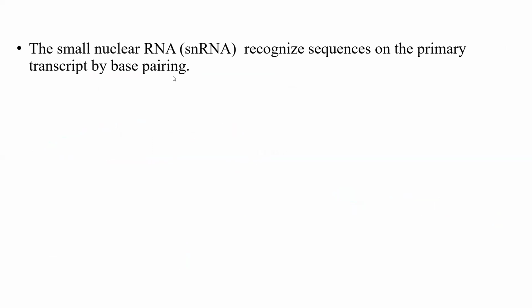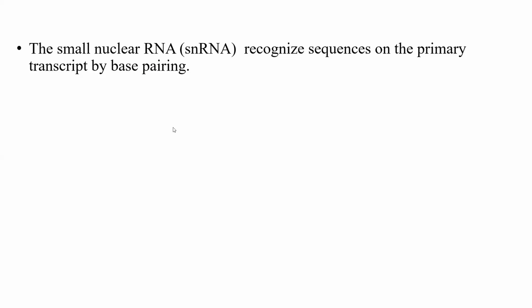The small nuclear RNA recognizes sequences on the primary transcript by base pairing. Since it's snRNA, an RNA, it can form base pairs with messenger RNA or premature messenger RNA, and they recognize certain sequences on the primary transcript by base pairing.